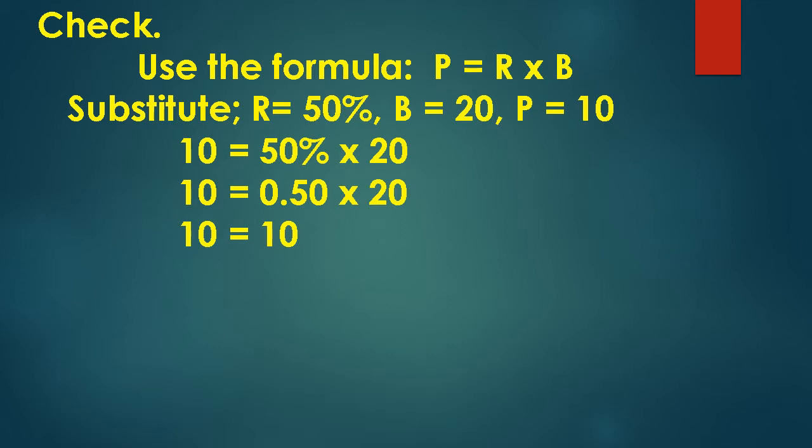So 10 is equal to 50% times 20. So we are going to change percent to decimal. So it becomes 50 hundredths. Then multiply it by 20. So the answer is 10. So the equation is equal.